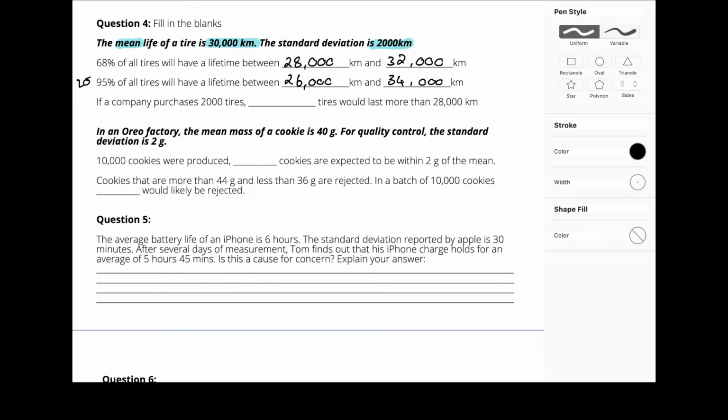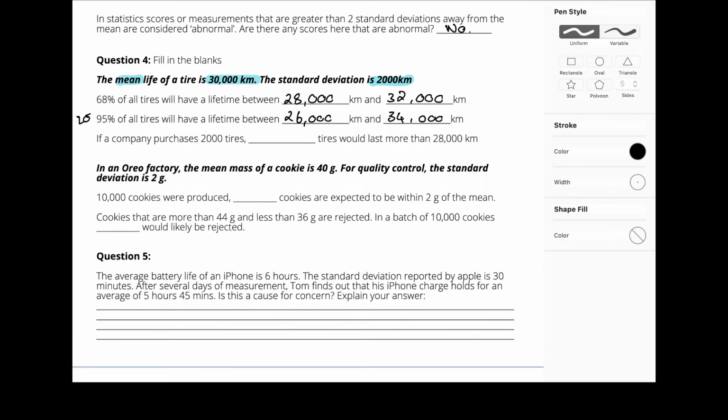Now, to figure that out, I'm going to draw a mini sketch of the curve for myself. So we know that that's 30k there, and we know this here was 28, and they're asking how many tires were above this, because it works for objects too. So we're going to have 28 and 30, and we want to know that section up there. Well, remember, after the mean, that's 50%, and this in here is 34%, right?